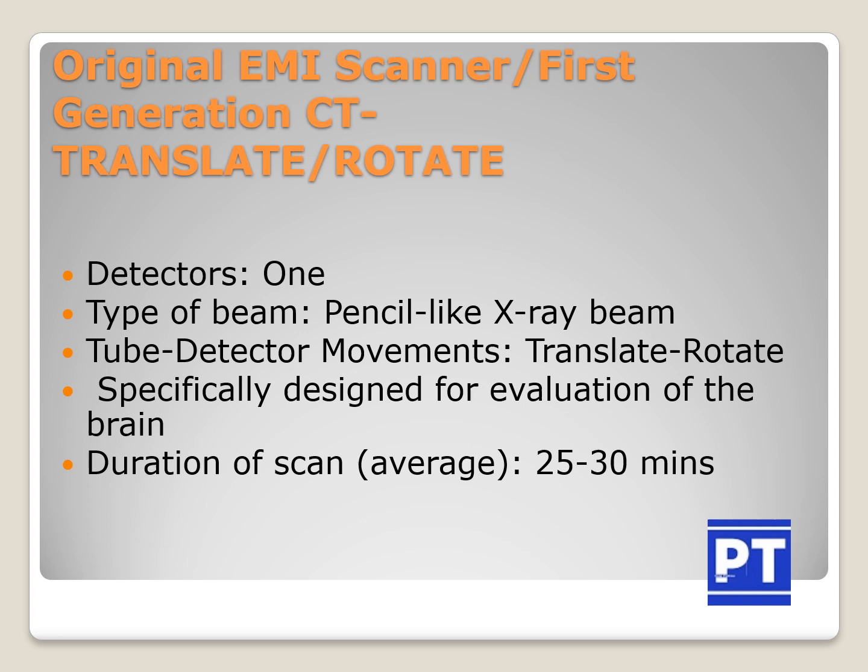So there was only one detector and a pencil-like X-ray beam. Transit rotate was the tube detector movement, and it was meant only for the brain. The duration of the scan was about 25 to 30 minutes.